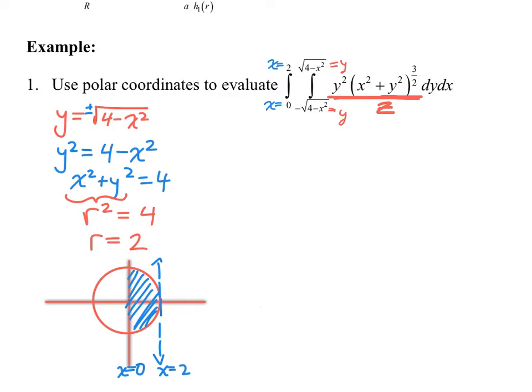So thinking in terms of the theta values, and that would be relevant here, we'd be looking at negative pi over 2 to pi over 2. The other possibility would be to say, well, I'll just take whatever's going from 0 to pi over 2 and double it later on.